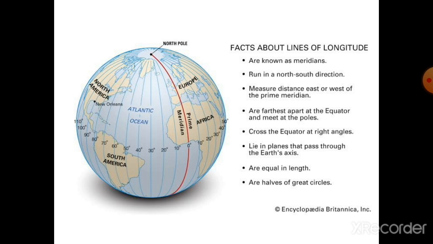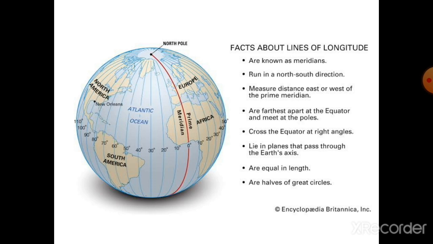They run in a north-south direction from the North Pole to the South Pole. These meridians measure the distance east or west of the prime meridian. These are farthest apart at the equator and meet at the poles.